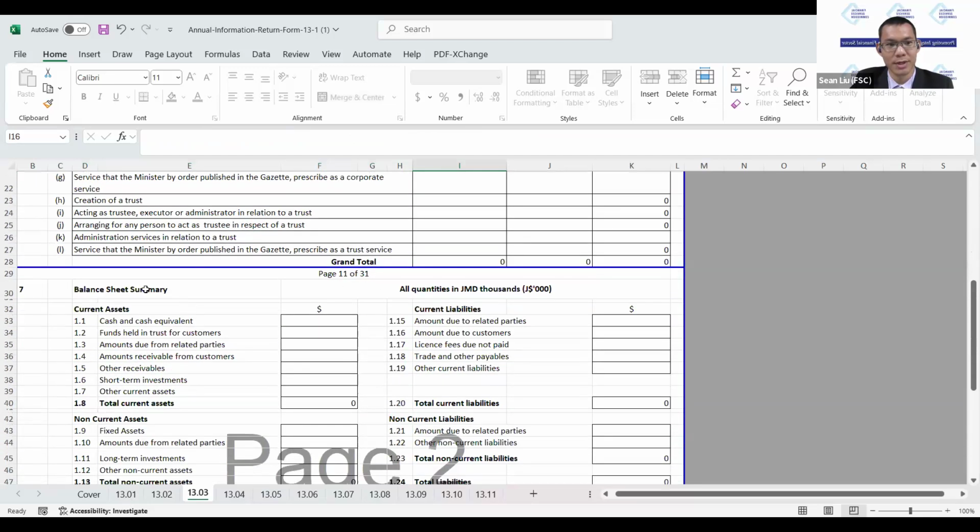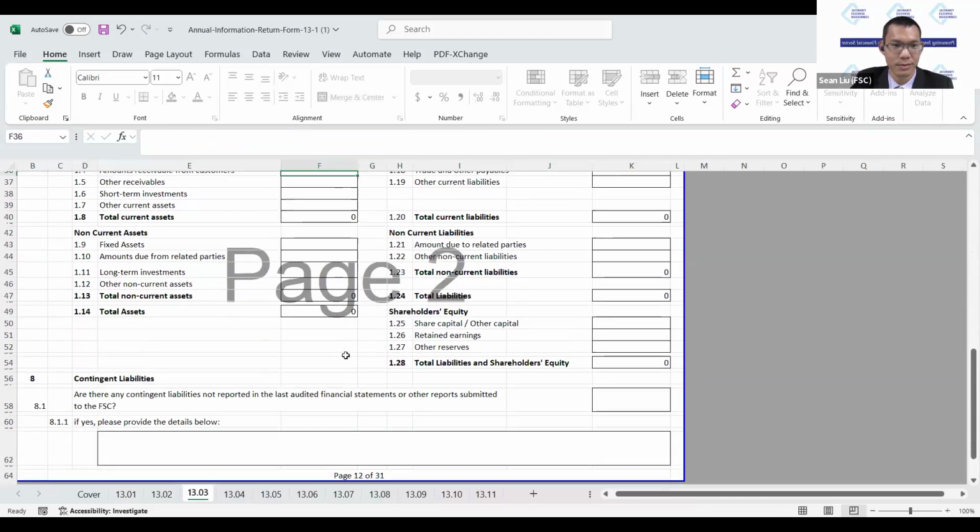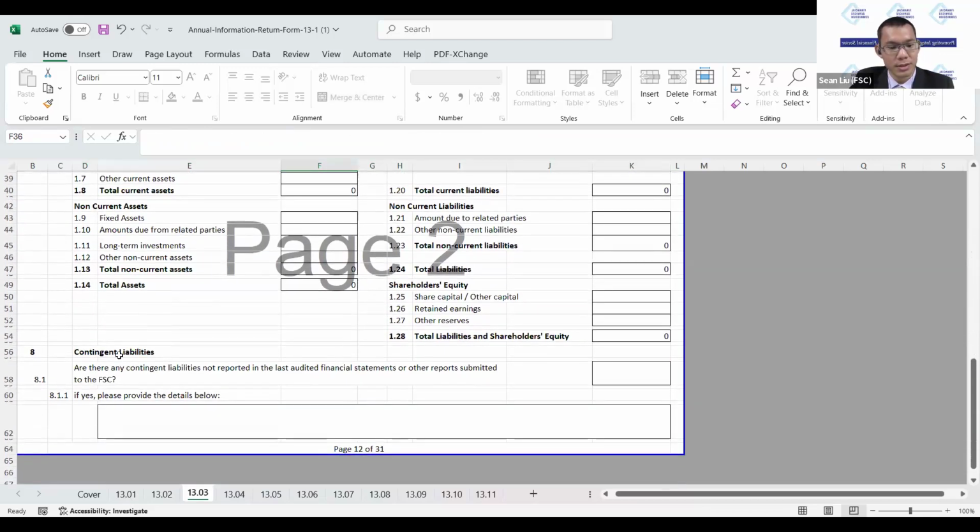Then we also have a balance sheet summary here. So this is where you will put your balance sheet information about your licensees. This part is a little bit more straightforward. Contingent liabilities.